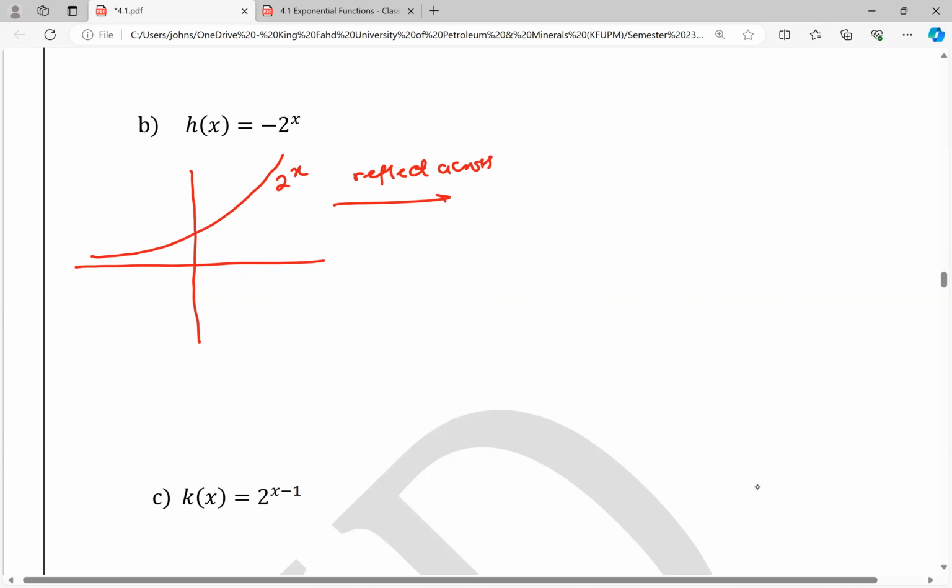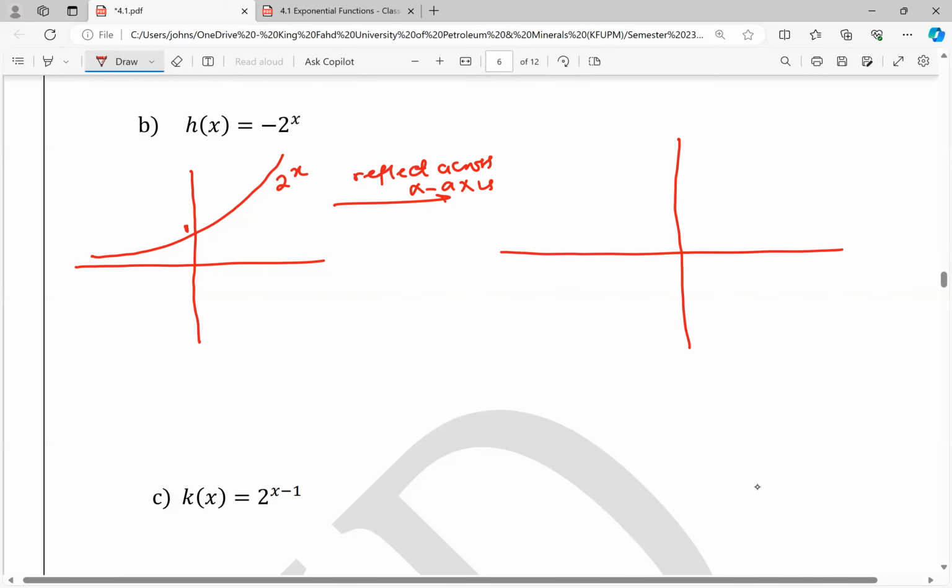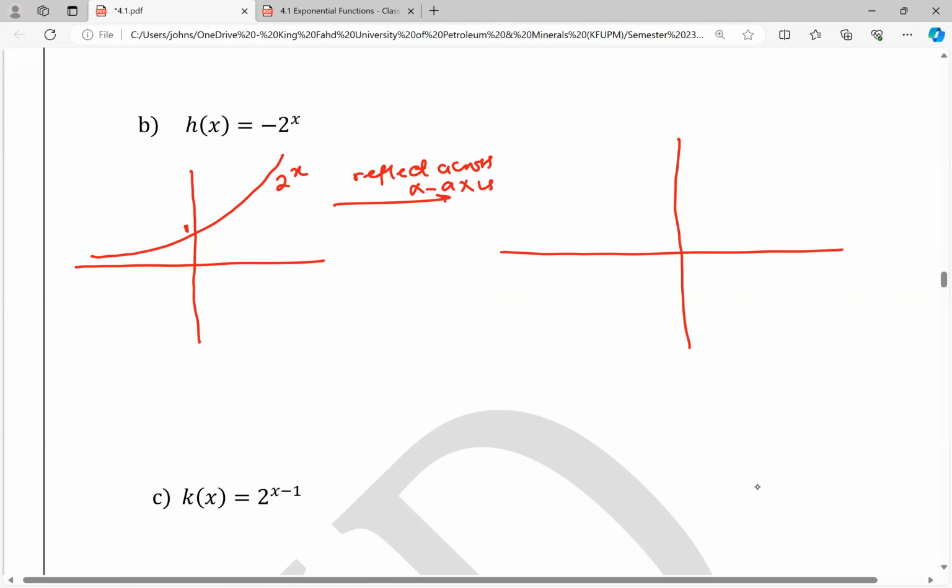Sorry, this is reflection across the x-axis. So if we reflect across the x-axis, what would this be? Remember, which point is this? This is the original point 1. If you reflect across the x-axis, it means you're going to cut at -1. So it's just going to be something like this.